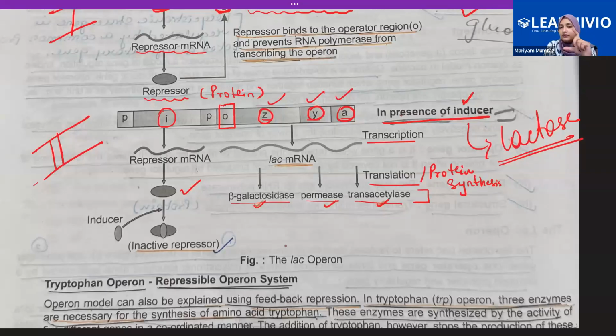First of all, that gene will undergo transcription and make the necessary mRNA. And when that mRNA later undergoes translation, protein synthesis, it will form the beta galactosidase, the permease, meaning the enzymes that are all proteins.